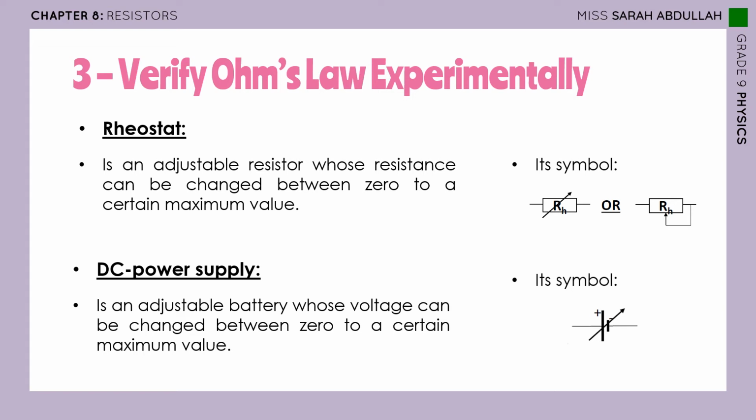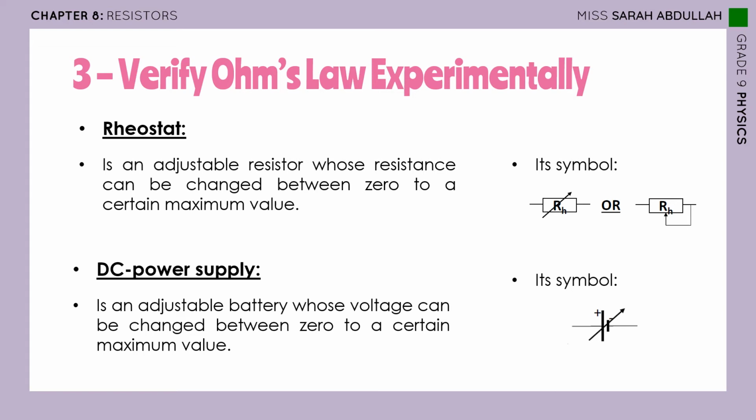Now, as for the DC power supply, as we said, it is a battery but with variable voltage. It doesn't mean it's not a DC battery. It's still a DC power supply. It's a direct current. It is constant, but I can manually change the voltage that is supplied by this battery.